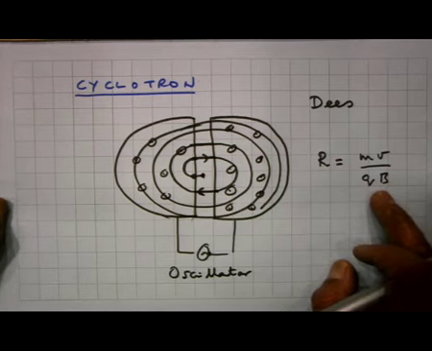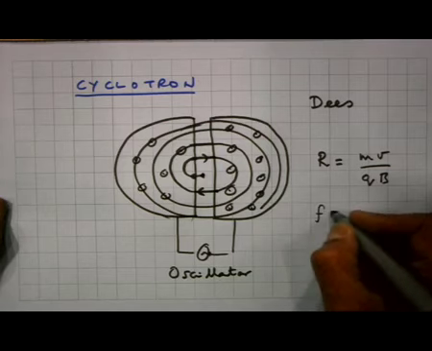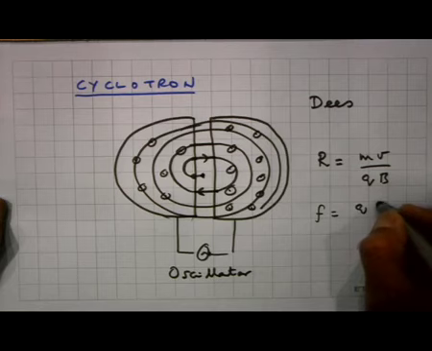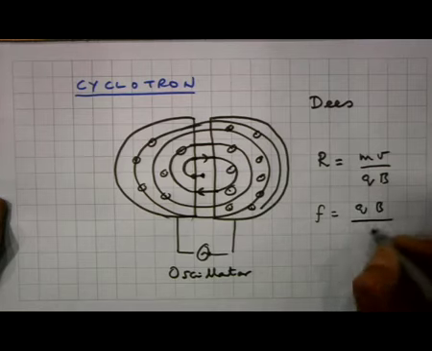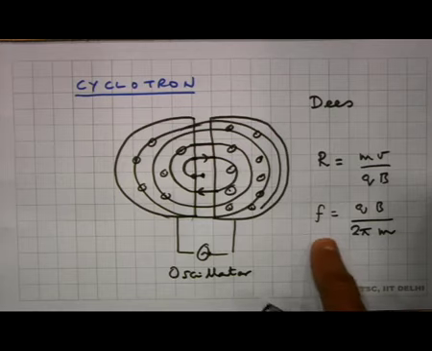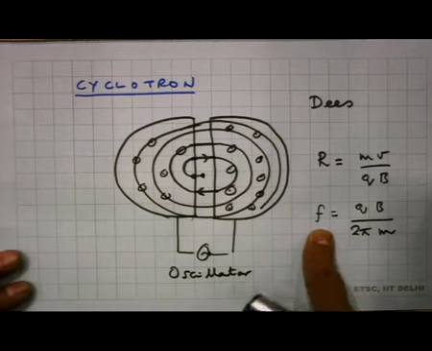And we also have a frequency, the cyclotron frequency, which we have defined before, is qB by 2πm. What is the frequency? This frequency is the number of revolutions per unit time, or 1 by f will be the time taken for completing one revolution. And as you can see here, this frequency is independent of the radius of the orbit.